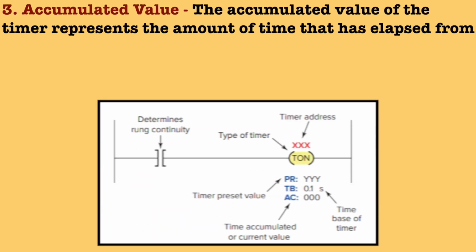Next is accumulated value. The accumulated value of the timer represents the amount of time that has elapsed from the moment the timing started. It keeps track of how many times the time base has occurred since the timer instruction was initiated.